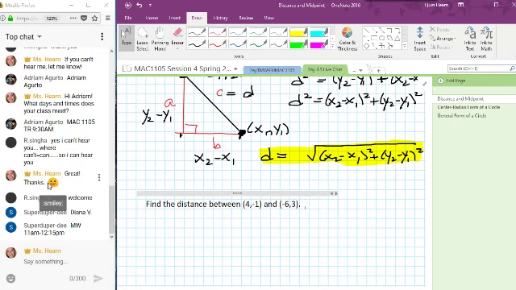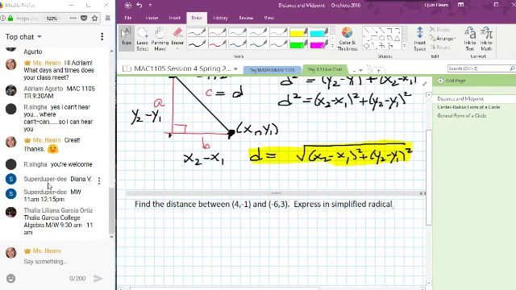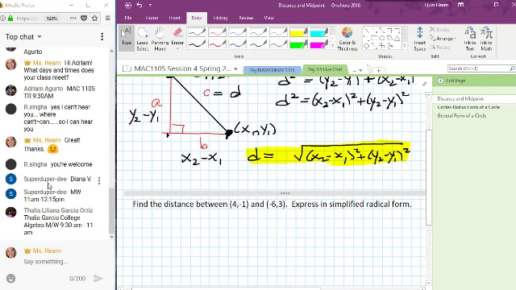And one thing I want you to pay attention to when you're doing your homework is that you will be asked to give both exact answers and rounded off answers. So the exact answer, I'm going to say express in simplified radical form. So what that means is that the answer might not turn out to be an integer.